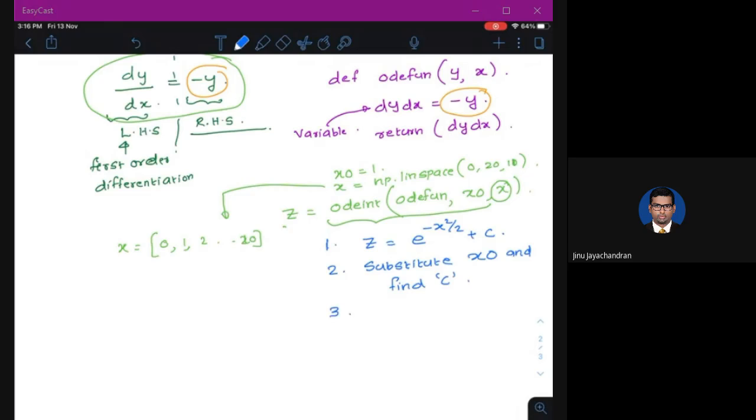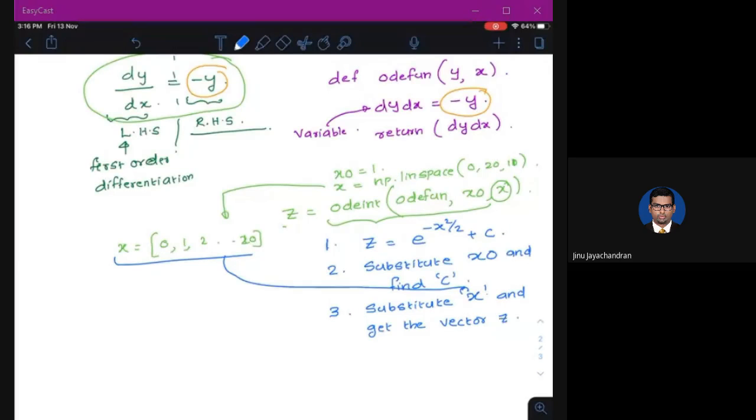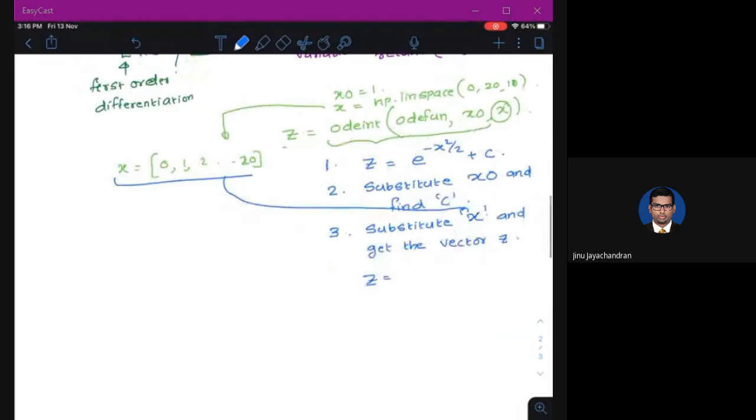And the third one is it will substitute x, which is this one, and get the vector z. So finally you get z as something like 0.1, 0.3, 0.5 up to some last number. Okay, this is the first order differential equation.